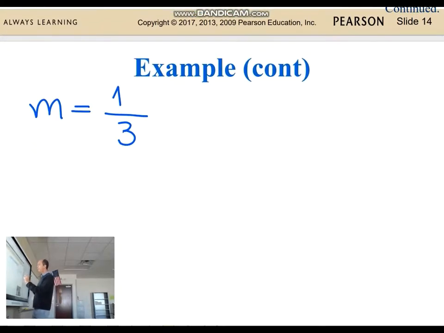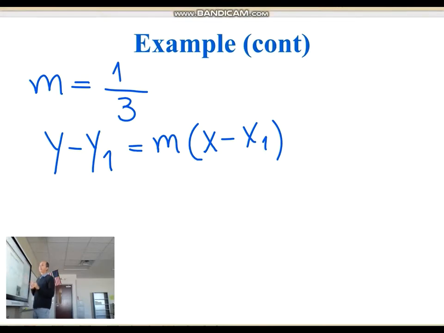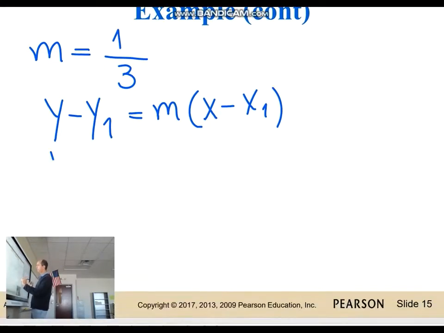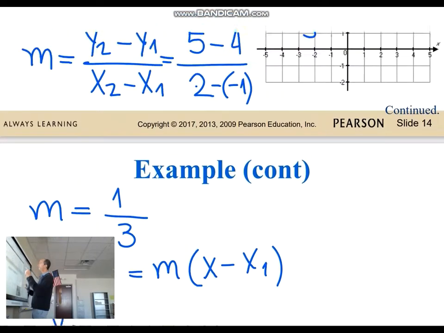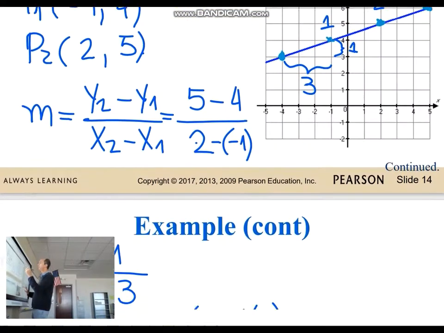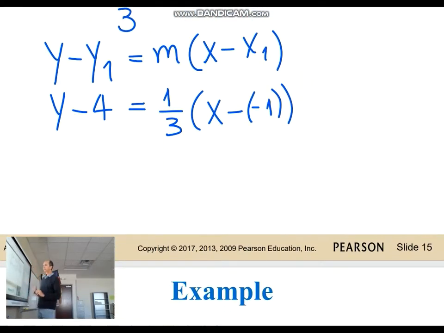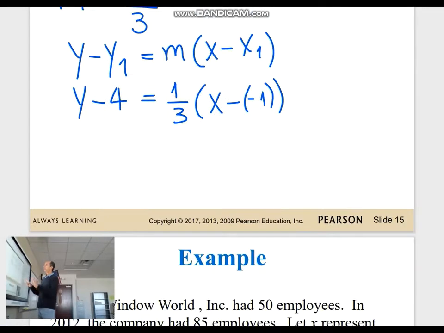Now we will apply the formula y minus y1 equals m times x minus x1 to find the equation of the line. y minus y1, which is 4, equals m, which is 1 over 3, times x minus x1, negative 1. Great.